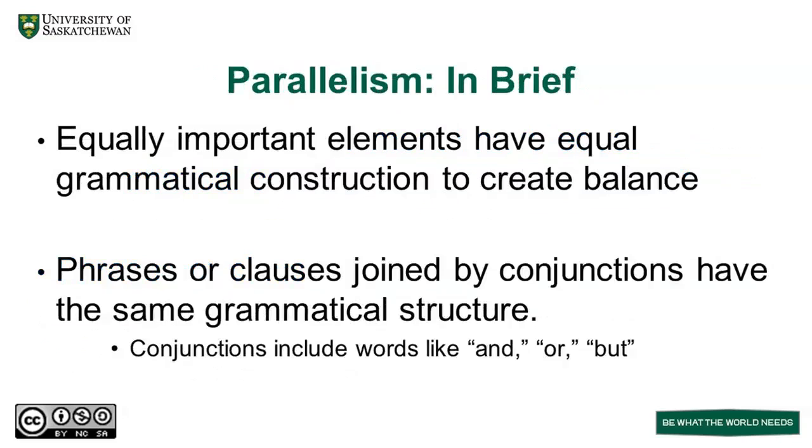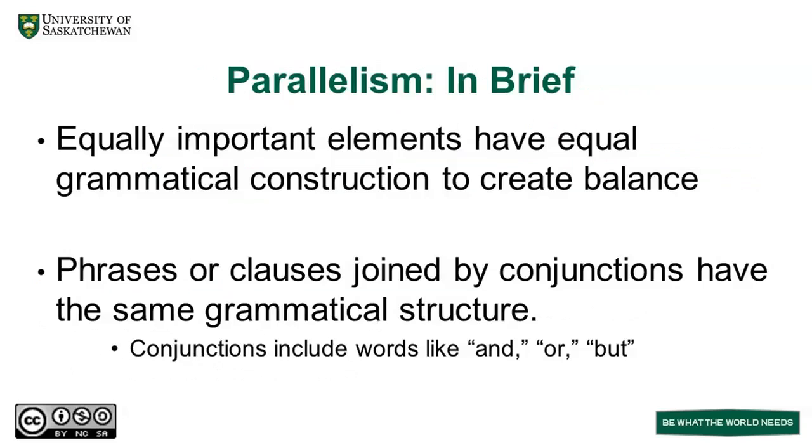So parallelism is all about ensuring balance when writing. So we recognize that if we have these equally important elements in our sentence, we want to ensure that they are communicated through an equal grammatical construction. And this is going to help create a nice sense of rhythm and balance.